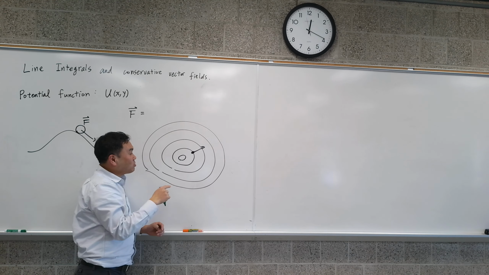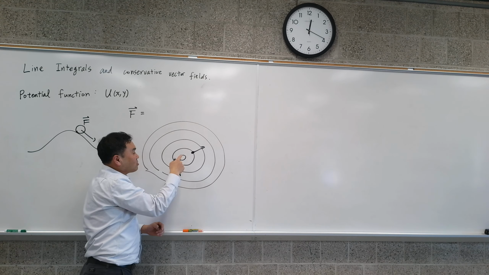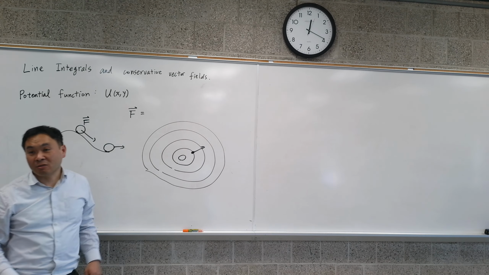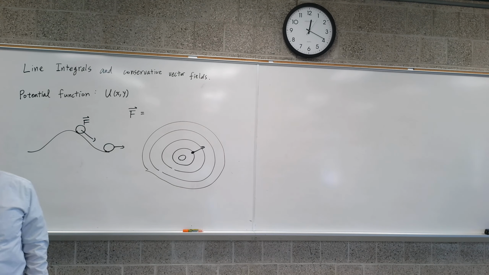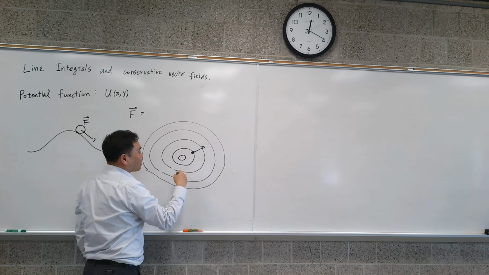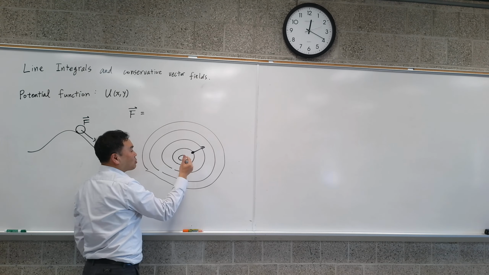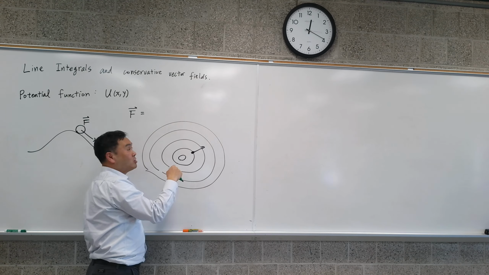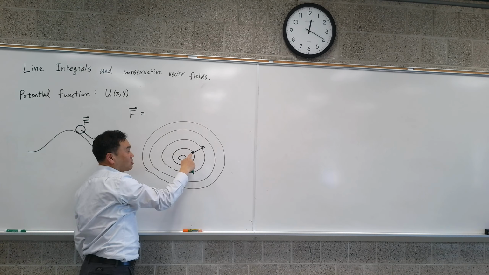So what's the relationship between the gradient of this potential energy and the vector of the force? It's perpendicular to the level curves, but remember where's the direction of the gradient of u, u being the potential function?